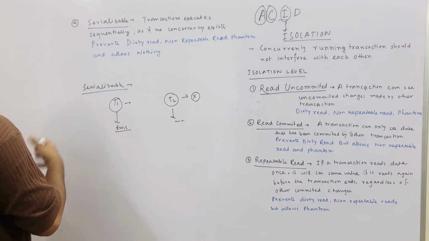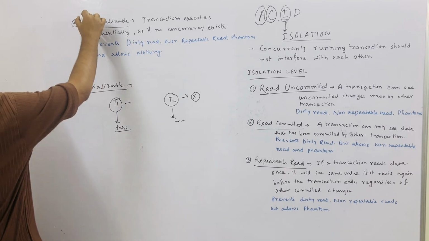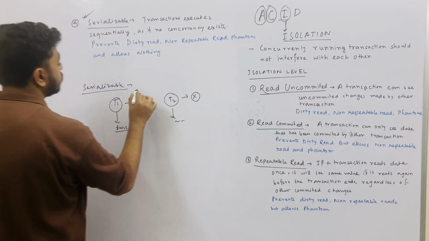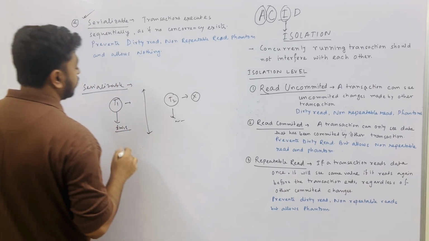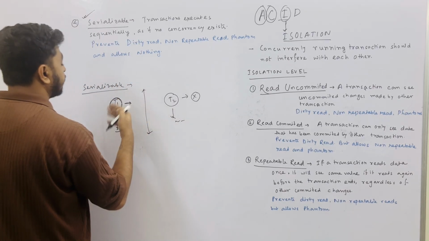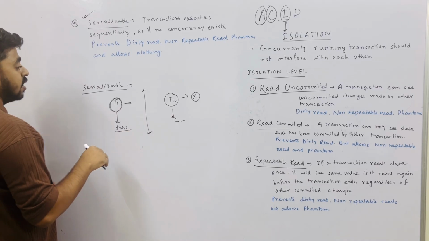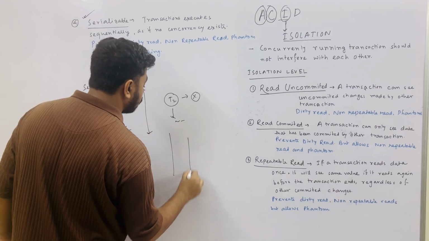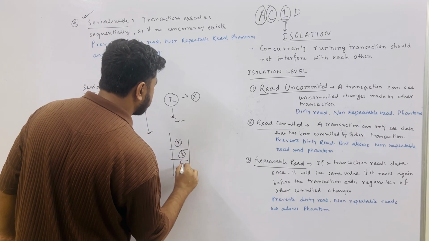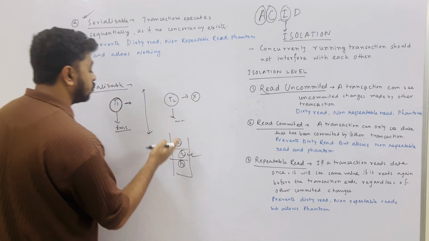So that means there is no concurrency. If you make the isolation level serializable, it will be extremely slow, because every transaction will wait for another transaction to finish, and all the transactions will be in a queue, and once one transaction is finished, the second transaction will start processing.